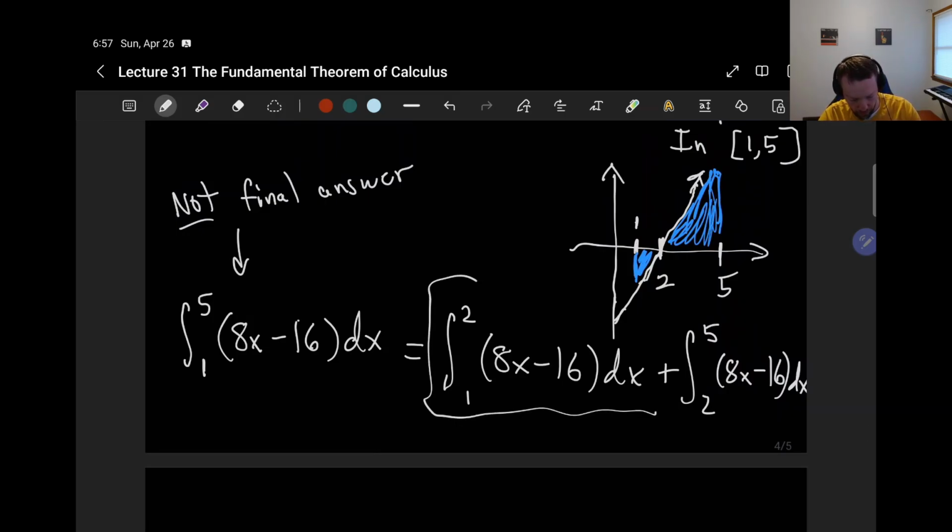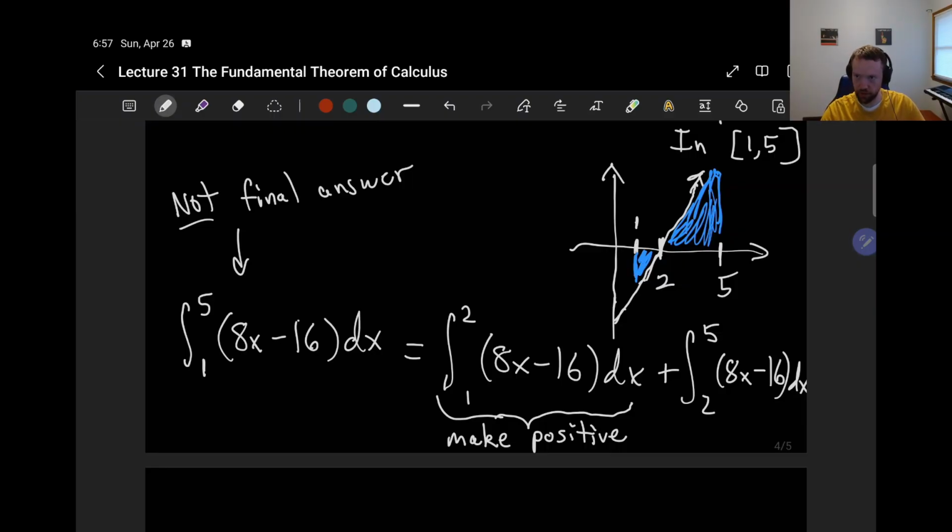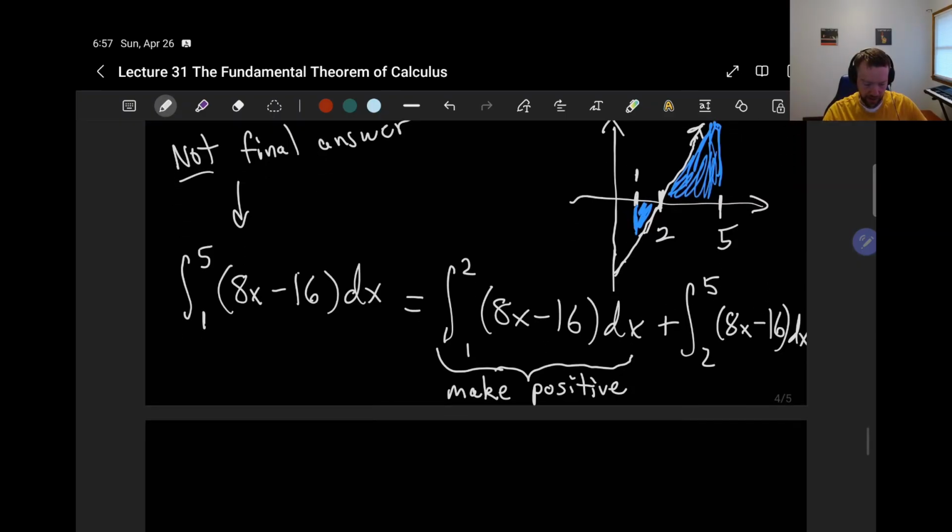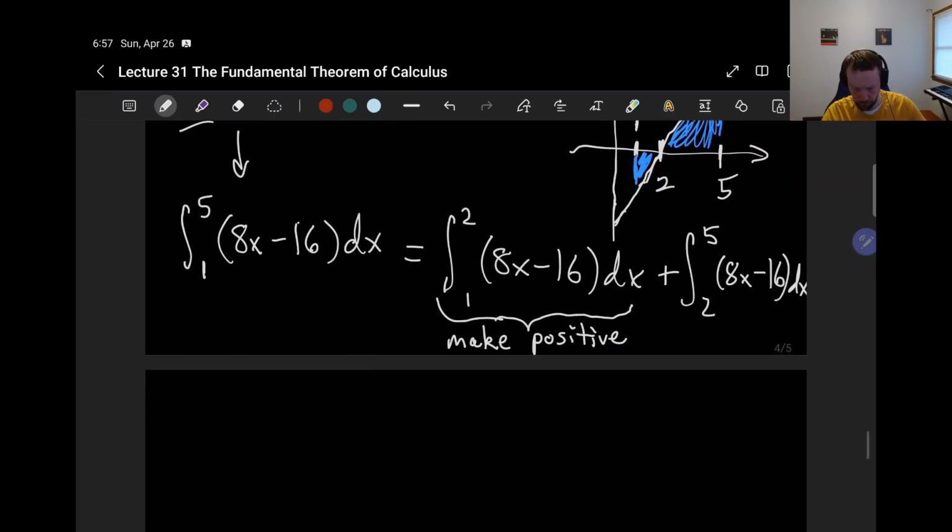So this part on its own is going to be a negative number, and we're going to flip that so that we get purely positive area in this problem. So to do that, we take the absolute value.